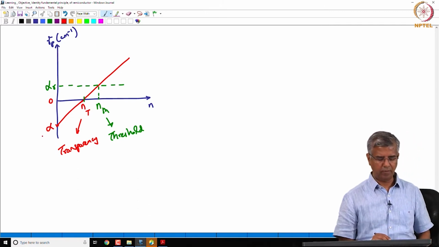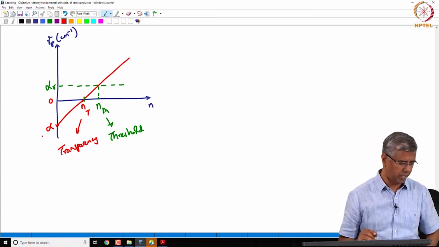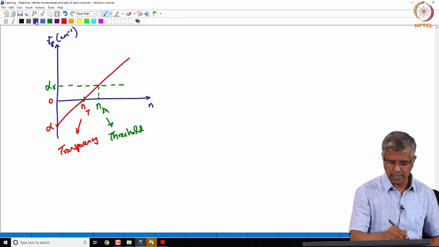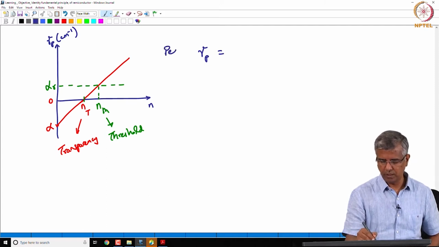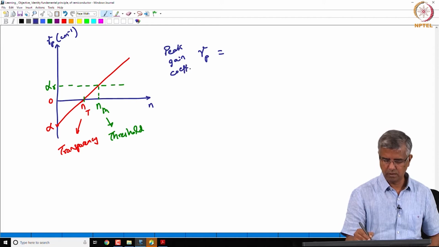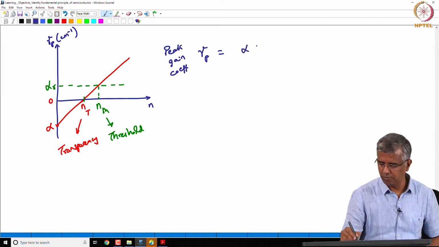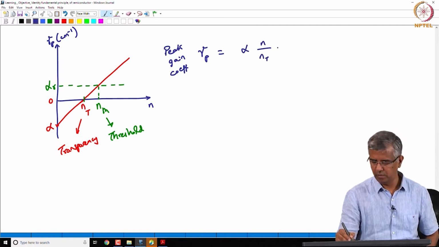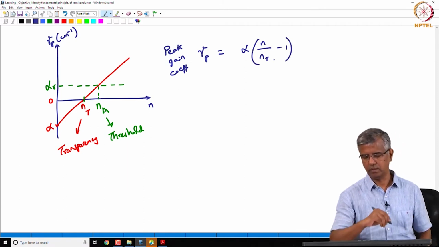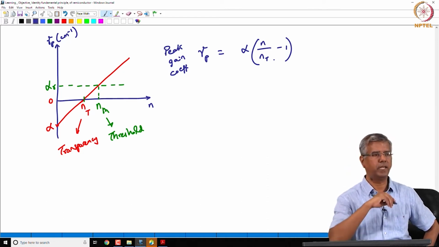Let us say you have alpha corresponding to the loss in the medium, then you can write your peak gain coefficient gamma p as equal to alpha multiplied by n over nt minus 1, right. So, that represents this straight line over here.